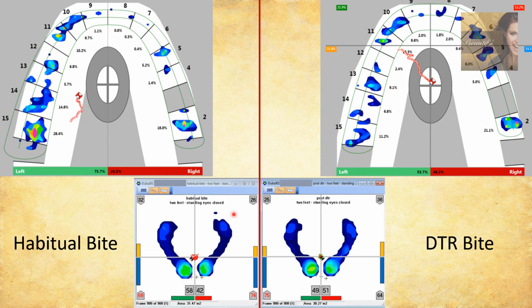And 42% is on the right. After we fix the bite, we're basically 50-50. And we've had improvements all the way down to the bottom of the feet, and these are on the same day as the first treatment visit. So the neurology changes very, very fast.